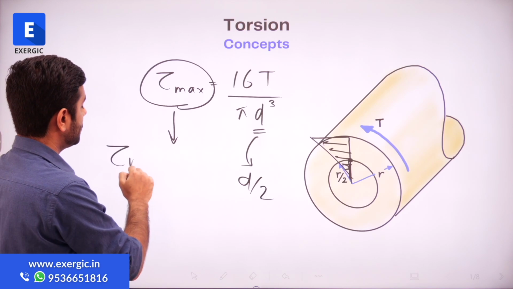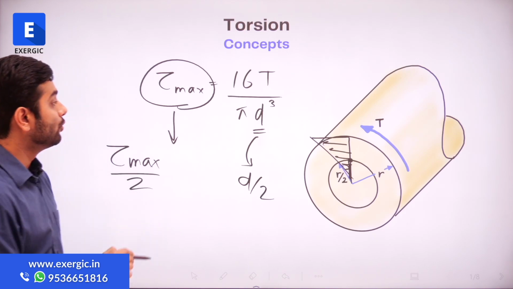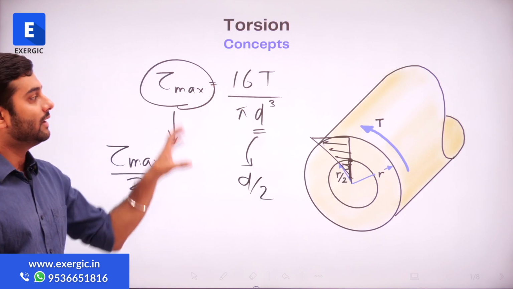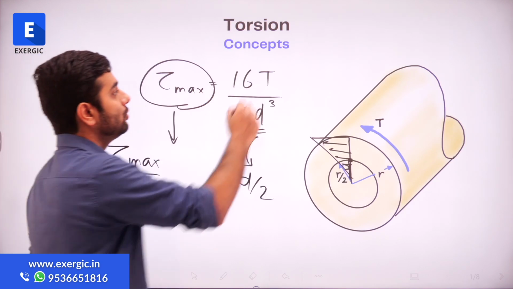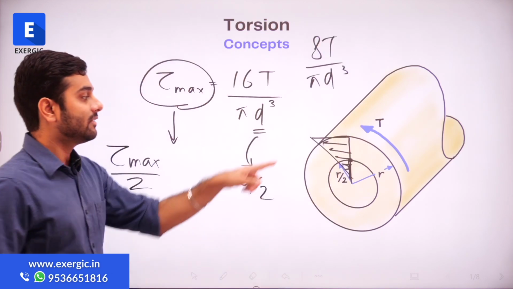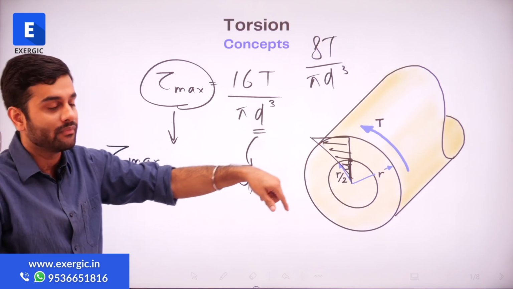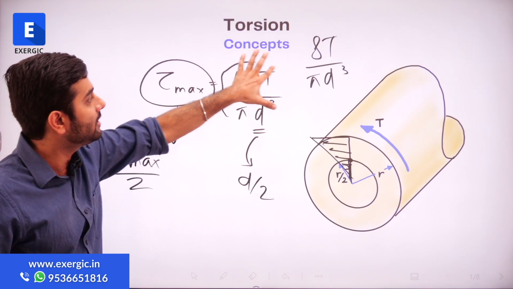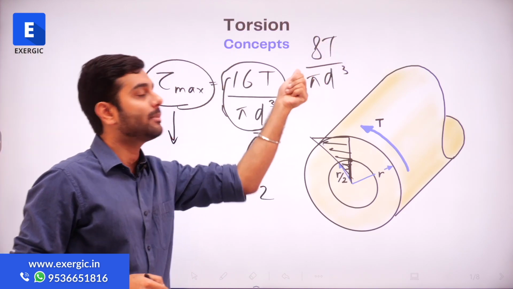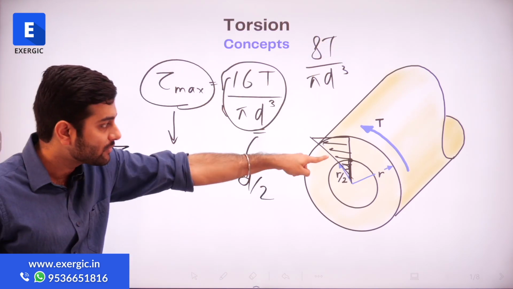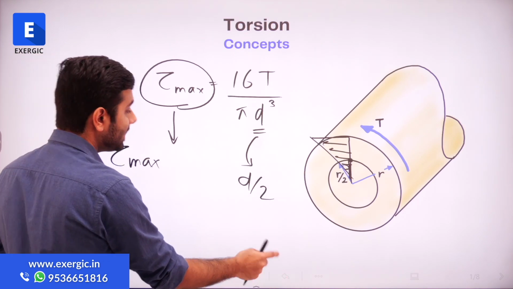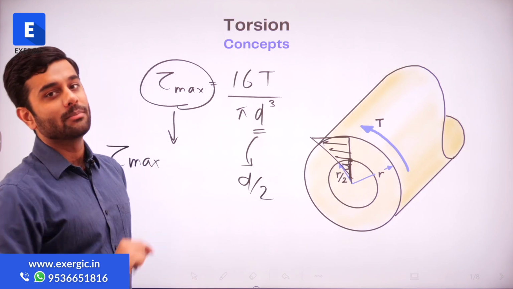So upon putting d by 2 in place of 16T by pi d cube, I should get 8T by pi d cube, half of the maximum value. But you can put the value and check that we are not going to get that value. So clearly something is wrong somewhere.